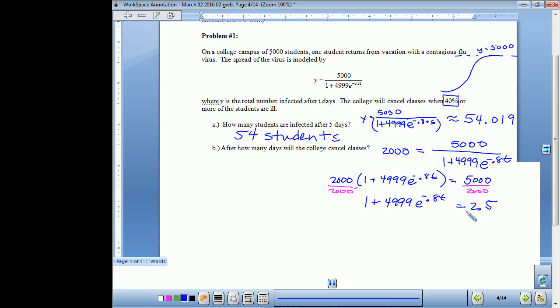What's the next step? That's right. We'll be subtracting 1 from both sides of this equation. And then, what do we do? Divide by 4,000. Yeah, divide by the 4,999 and then take the natural log.